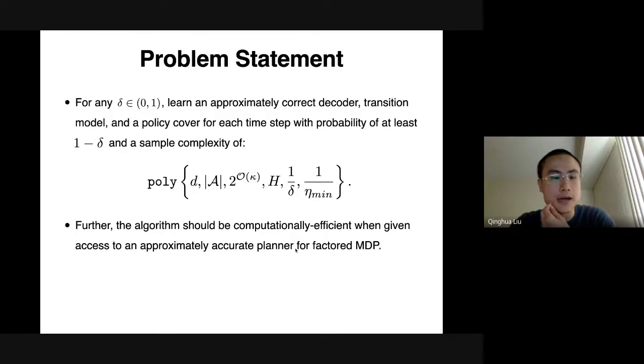Here, kappa is the number of parents for each factor, and eta min is the minimum reaching probability from the last slides. Furthermore, we can show the algorithm is computationally efficient if we are given access to a planning oracle for factored MDPs.